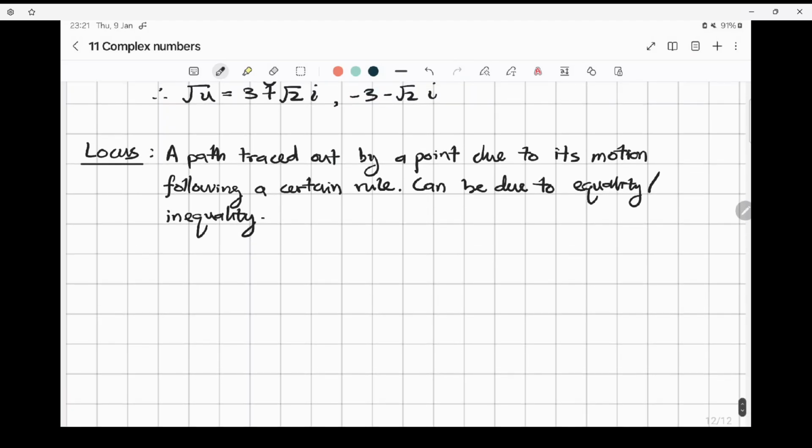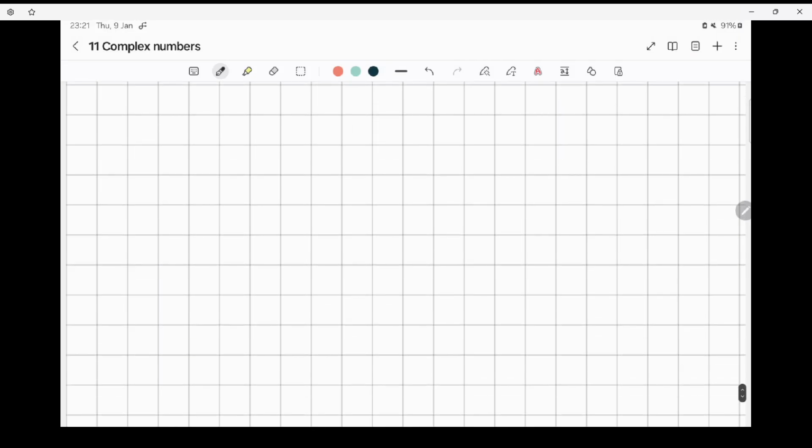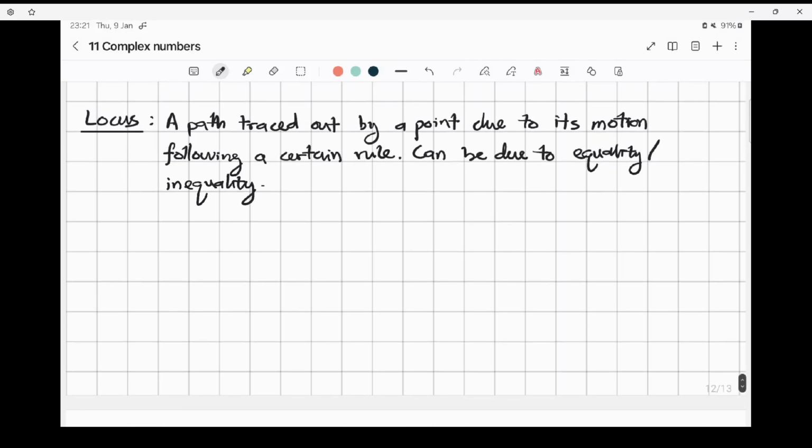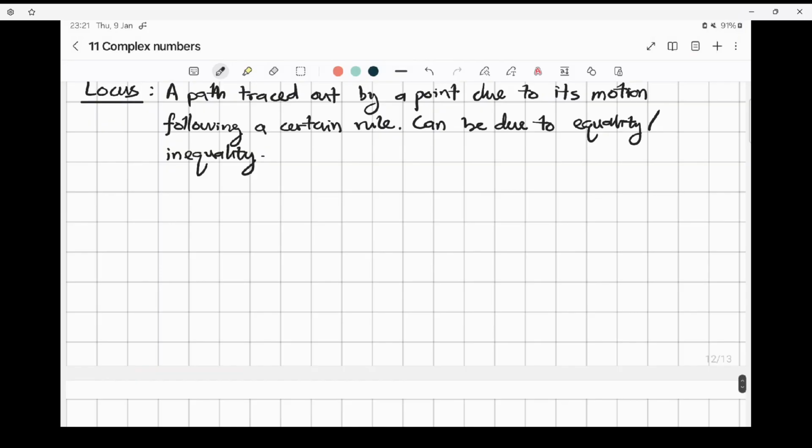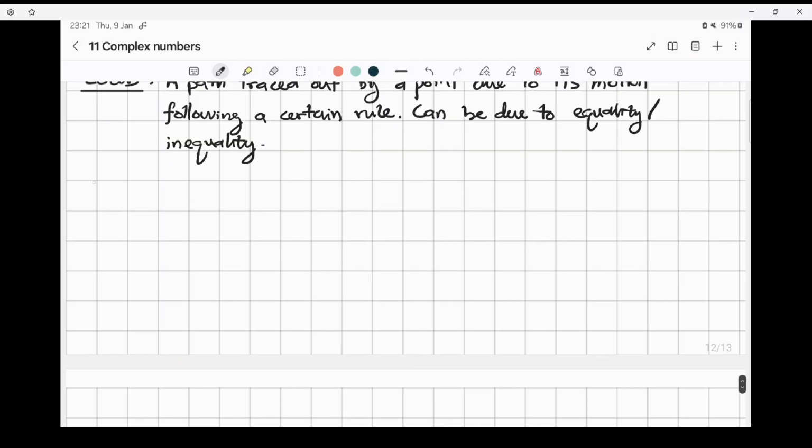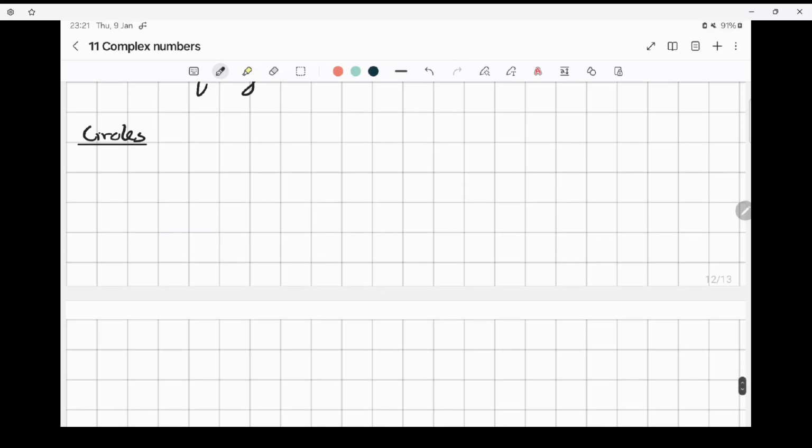So let us look at what are the possible locus for complex numbers. The first one is being the circles. So you have three conditions. Basically, the first condition is when the modulus of z equals to r.